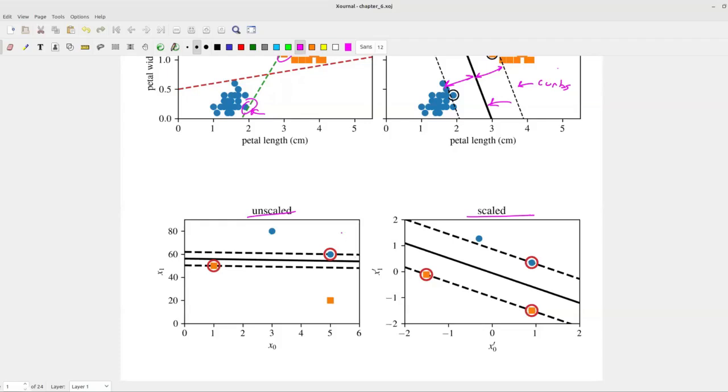So we have a lot more data in one dimension here. So we have to apply some scaling that allows us to build a better support vector machine, right? So here you can see it like 0 to 80 and 0 to 6. And now we're going to scale it from -2 to 2, -2 to 2.